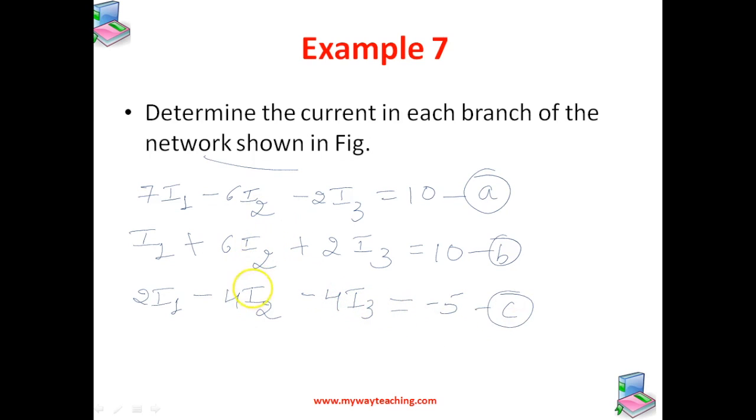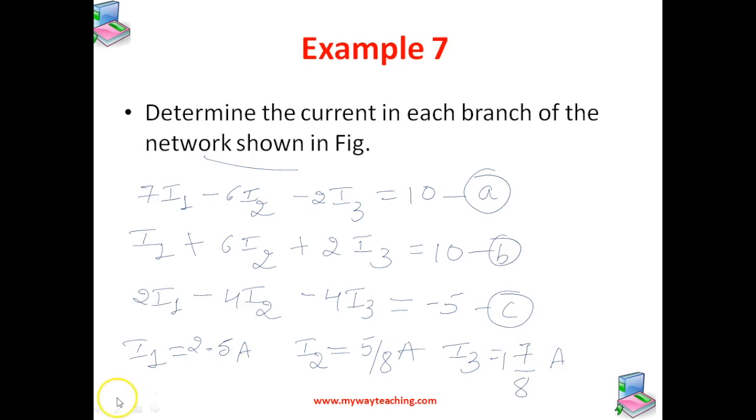So if you solve these 3 equations, we get the value of I1 as 2.5 amps, the value of I2 as 5 by 8 amps, and the value of I3 as 17 by 8 amps. Okay.